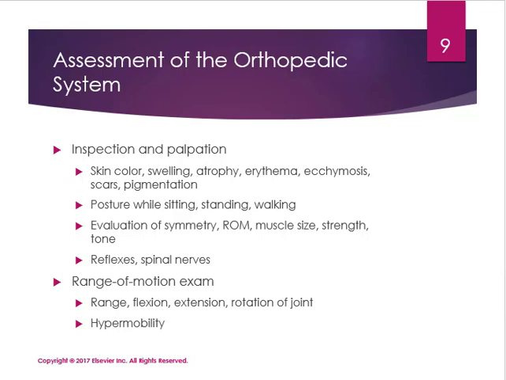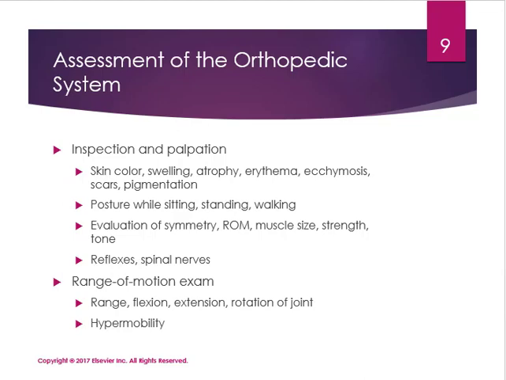You want to palpate the bone and joints to assess for tenderness, prominence, any crepitus. It's also important to evaluate range of motion, muscle size, strength, and tone of the muscles. And if there are concerns regarding sensory or motor deficits, you're going to want to assess and evaluate the child's spinal nerves and deep tendon reflexes.